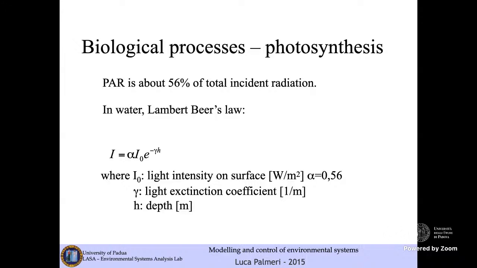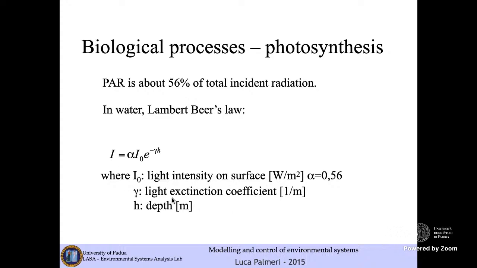Of course, light is a limiting factor for photosynthesis. In this case, we imply the photosynthetic active radiation, which is 56% of the total incident radiation. For example, in water, we apply the Lambert-Beer model, for which the intensity of light arriving at depth h is equal to a constant alpha times the incident radiation at the surface, reduced by 56%.